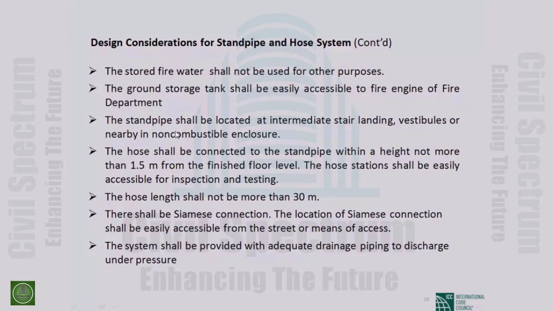The standpipe shall be located at an intermediate stair landing or vestibule or nearby in a non-combustible enclosure. Sometimes, from one stair landing to another, the distance between two standpipes is more than double. Actually, for a hose pipe, the maximum length is 30 meter or it may be 100 feet.